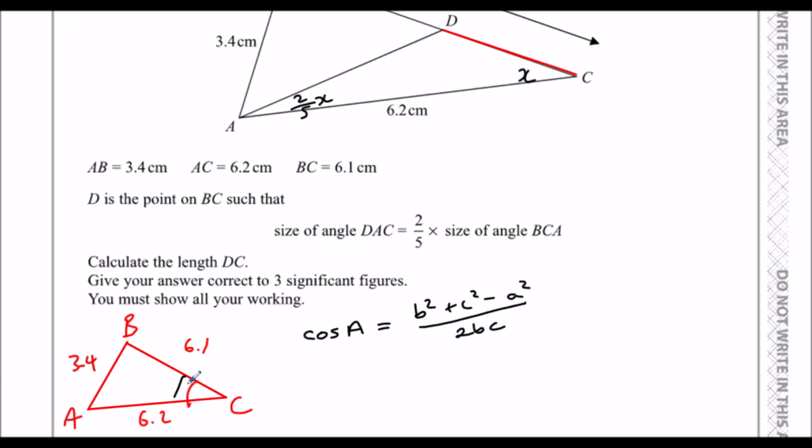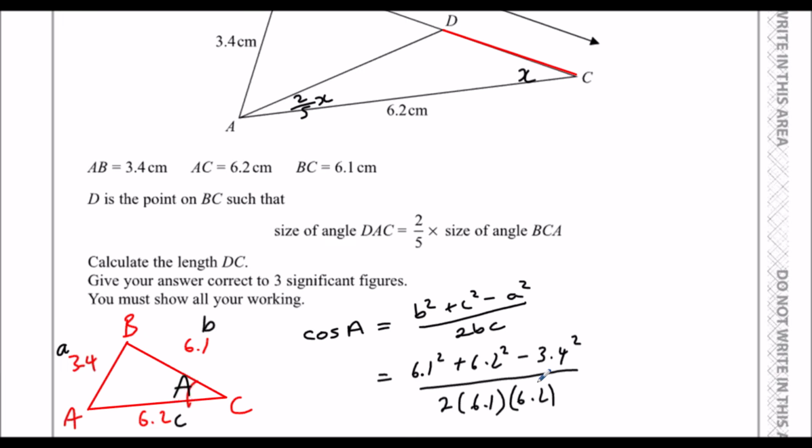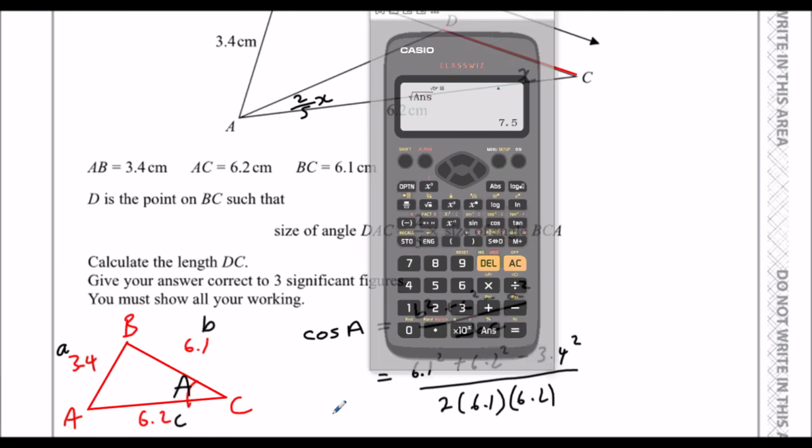So if this is big A, the angle is big A, the one opposite it is little a, and the other two, either way round, are B and C. So let's substitute these in now, and we will get our angle. So 6.1 squared plus 6.2 squared minus 3.4 squared over 2 times 6.1 times 6.2, and that'll be cos A.